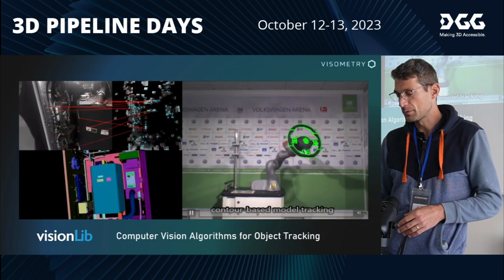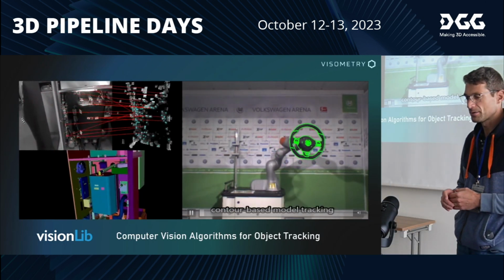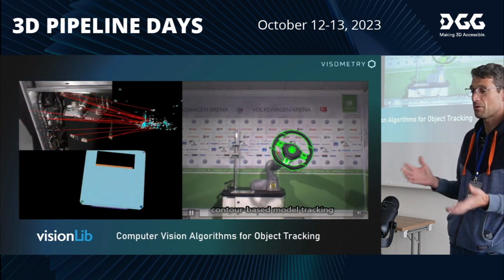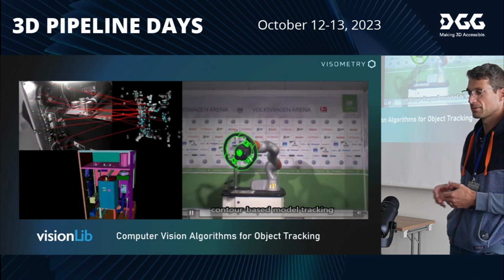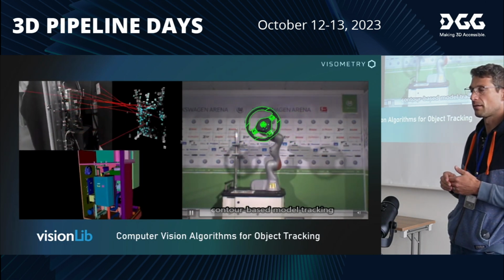But we also focused on model-based tracking and participated in lots of tracking contests. At that time there was also always this challenge: how can we localize the device or the camera on any kind of input?